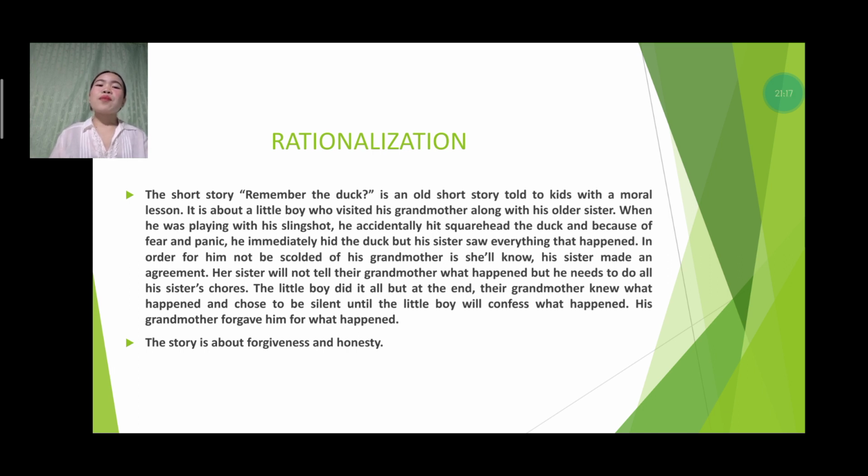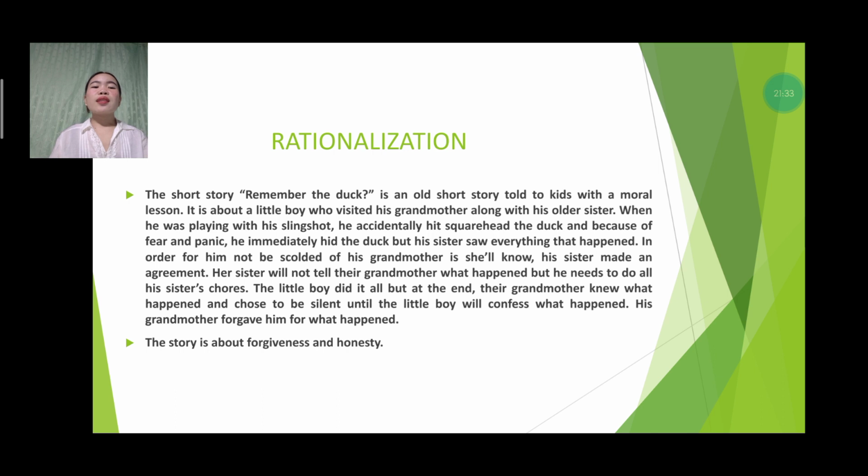So in order for him not to be scolded by his grandmother, if she'll know, his sister made an agreement. Her sister will not tell their grandmother what happened about the duck, but he needs to do all his sister's chores.